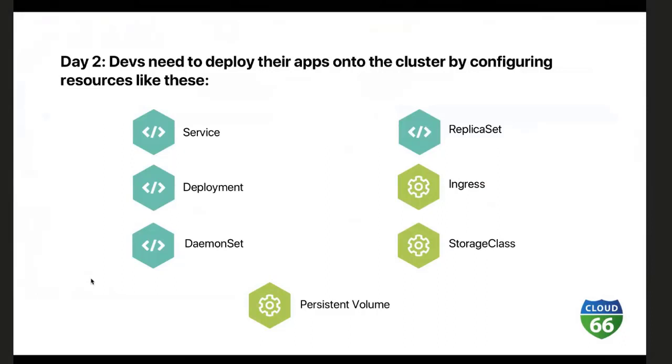But this also presents a challenge where, as a developer, I can technically go and make a mistake in my configuration file and change a storage class. And that can potentially affect everybody else within this infrastructure setup and bring the application down.